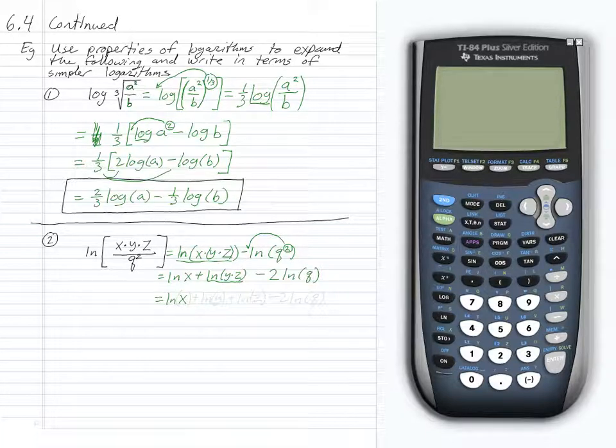When I have a product inside, I can write it as a sum, ln of y plus ln of z minus 2 ln of q. Both of these techniques are useful in different ways. Being able to combine different logarithms into a single log will be very helpful in the next problem-solving procedure that we see.